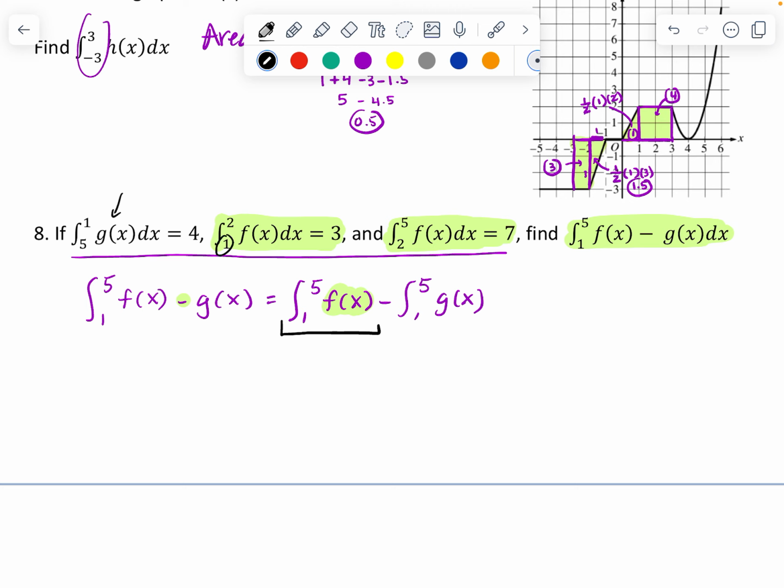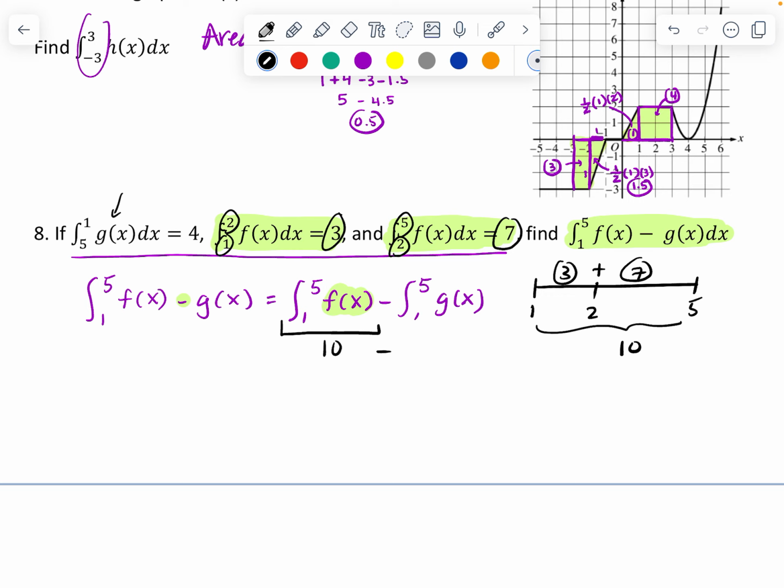Well, this one gives me from 1 to 2. This one gives me from 2 to 5. So let's draw this out. I know from 1 to 2, the area under the curve is 3. And then it says from 2 to 5, the area under the curve is 7. So if I want the whole thing, the area from 1 to 5 would be 3 plus 7, which is 10. So this is going to be 10 minus.